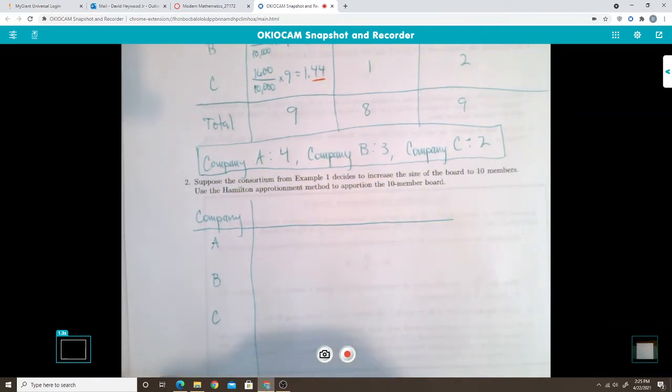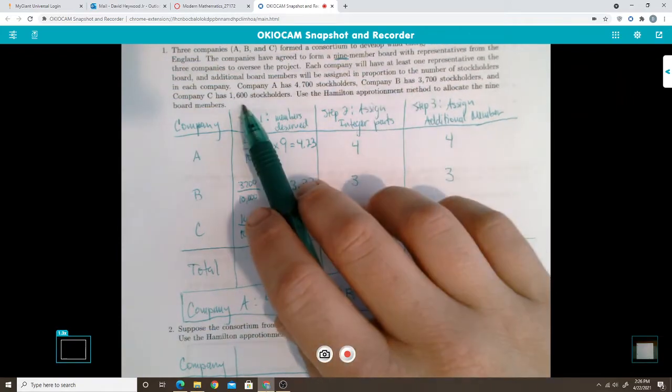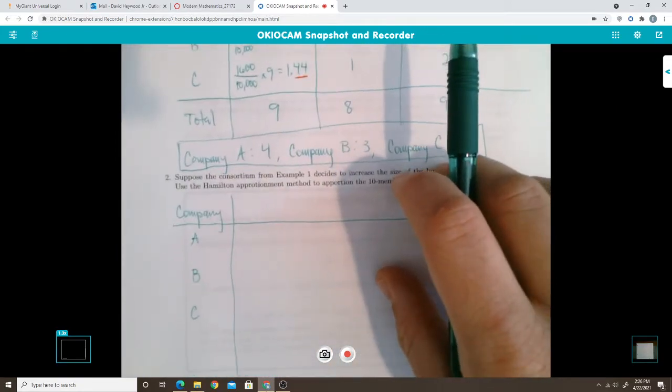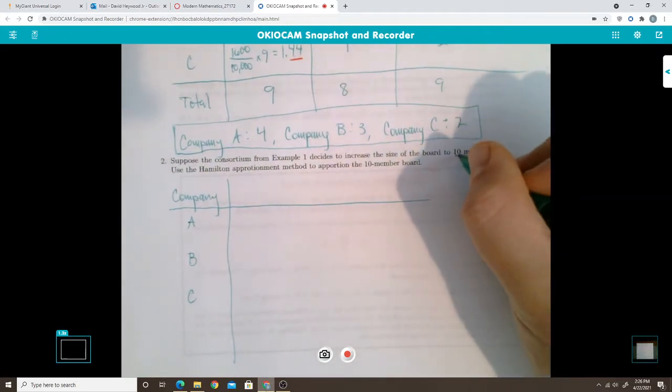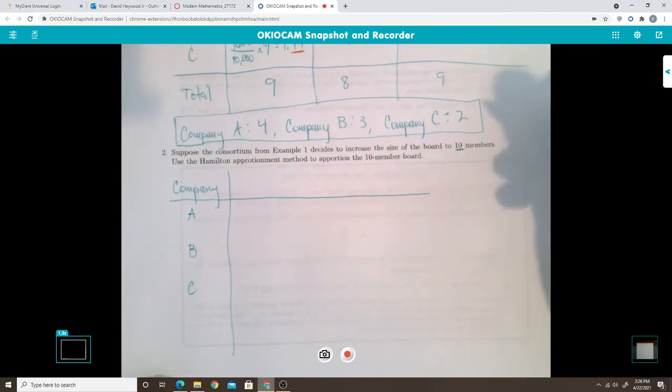Notice that the numbers haven't changed. The number of stockholders is still the same for each group, so the total number of stockholders is still 10,000. The only thing that's changed is the number of board members. So this time we need to apportion 10 people instead of only apportioning 9.